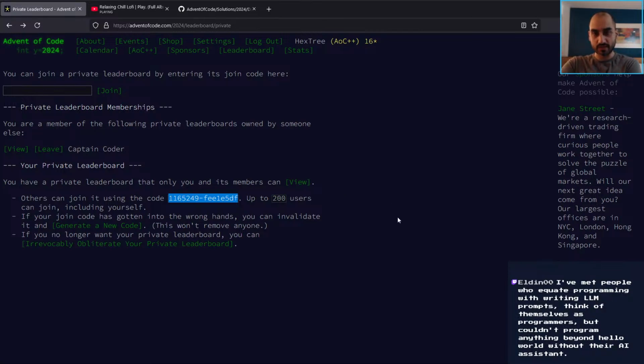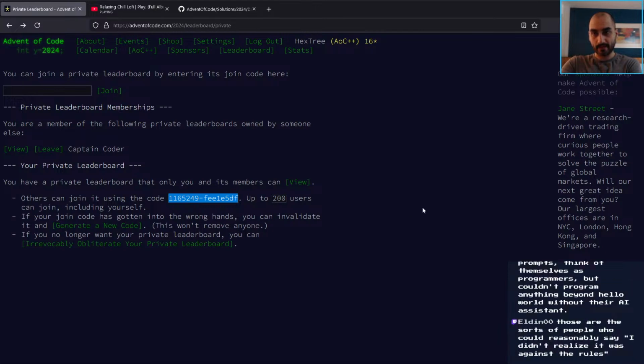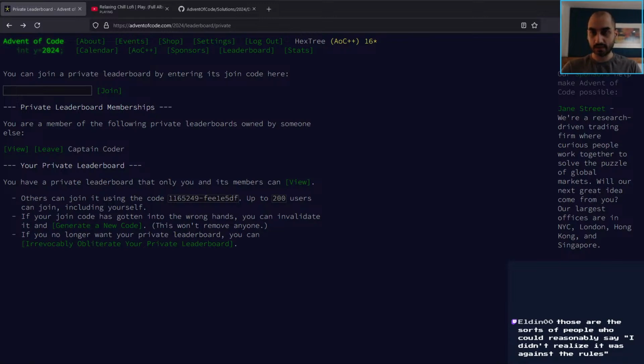So it's not obvious to them. They don't even realize that there is a thing called coding, which we do, or they may just not really realize that the point of this was to code these yourself. I don't know. So that is the leaderboard.